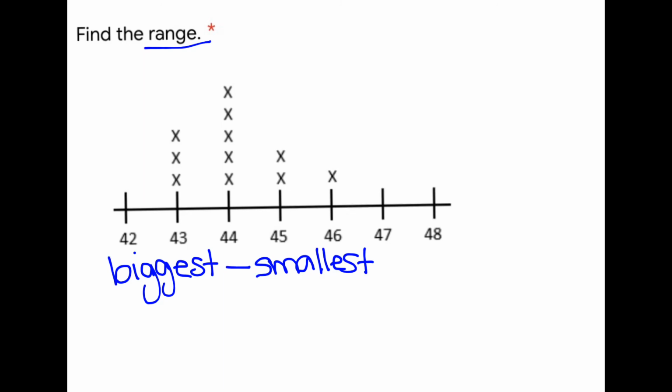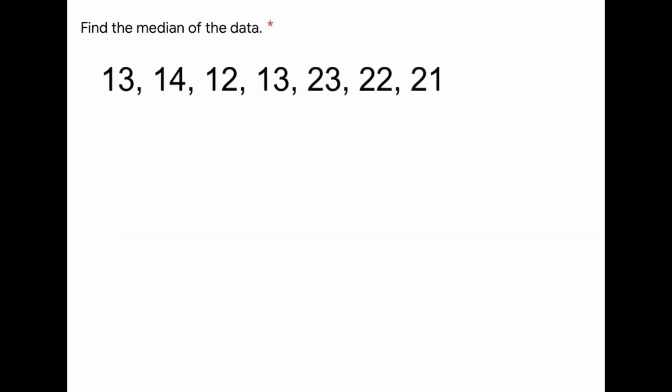That is the same as the biggest minus the smallest. So you need to identify the biggest number and the smallest number. Remember, these numbers don't count because they don't have any data on them. And then you subtract and find your range.